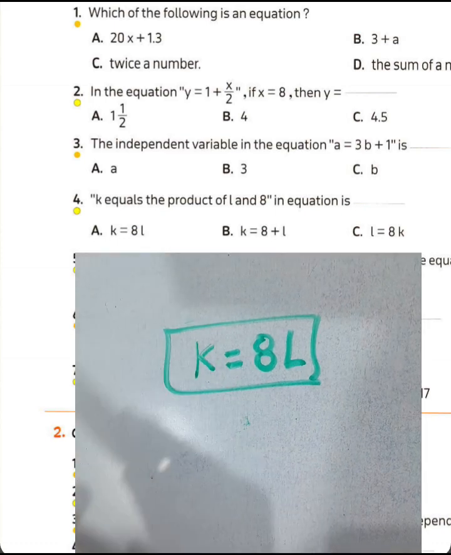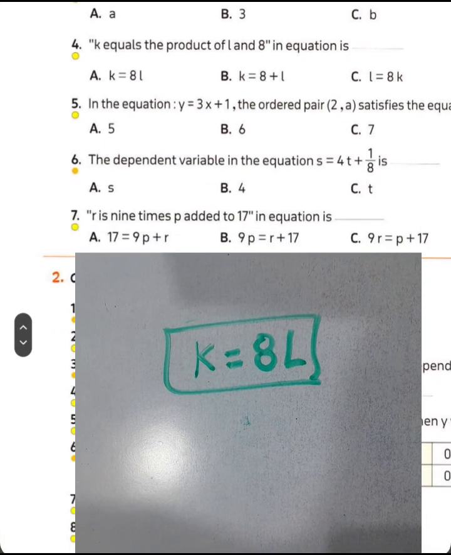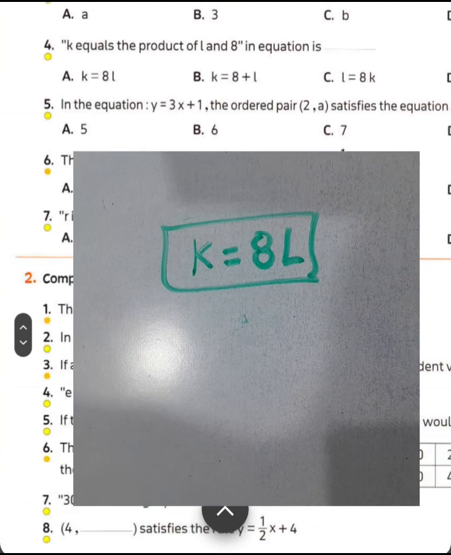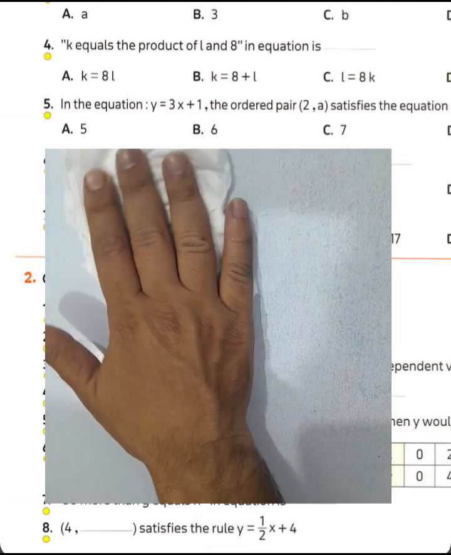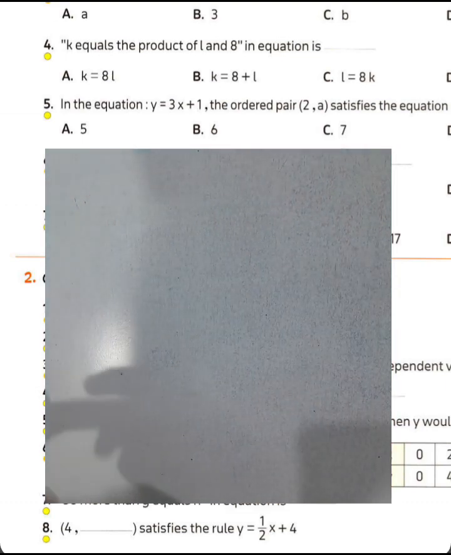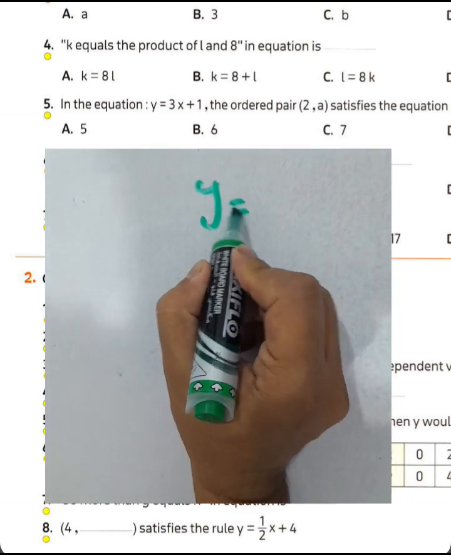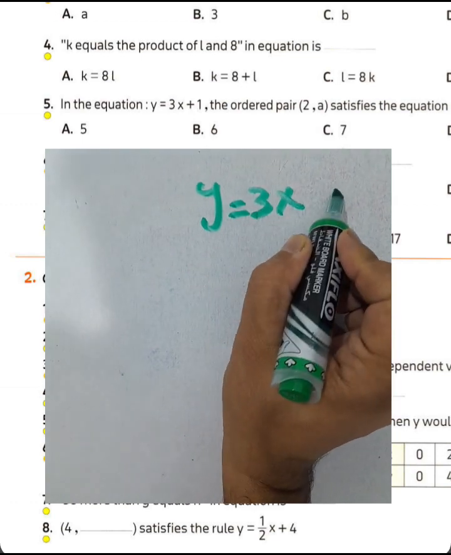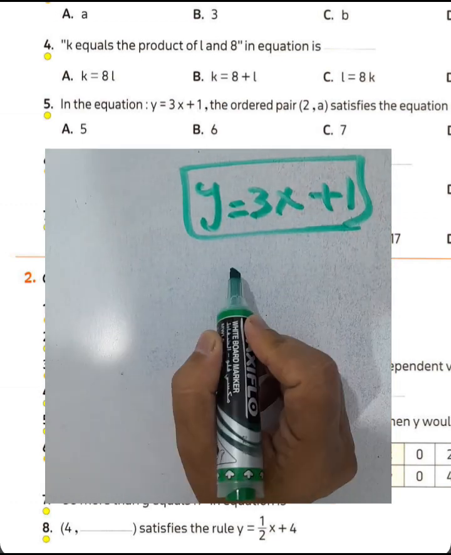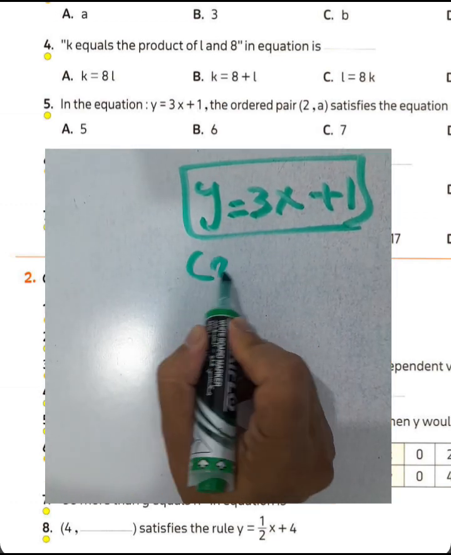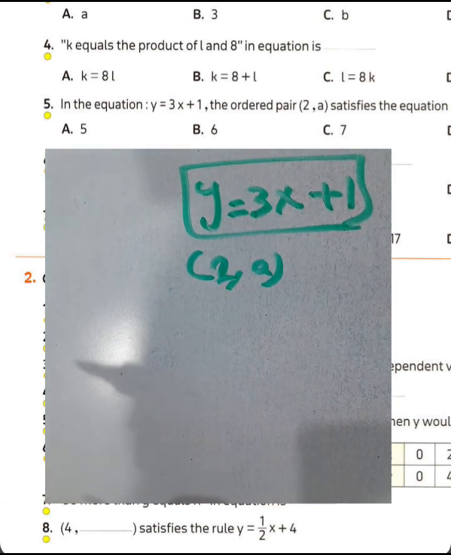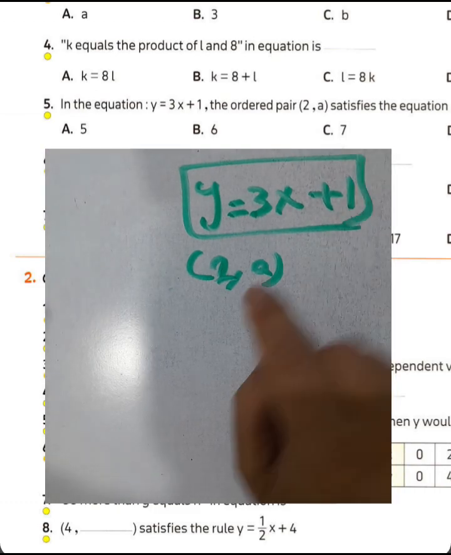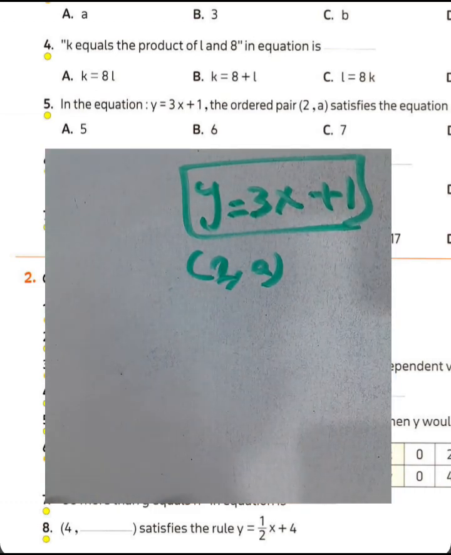Question number 5. In the equation y equals 3x plus 1, the ordered pair 2 and A satisfies the equation. We have the equation y equals 3x plus 1. He gives us this point 2 and A that lies on the straight line. We want to find the unknown A. Put x equal 2 and y equal A in this equation.